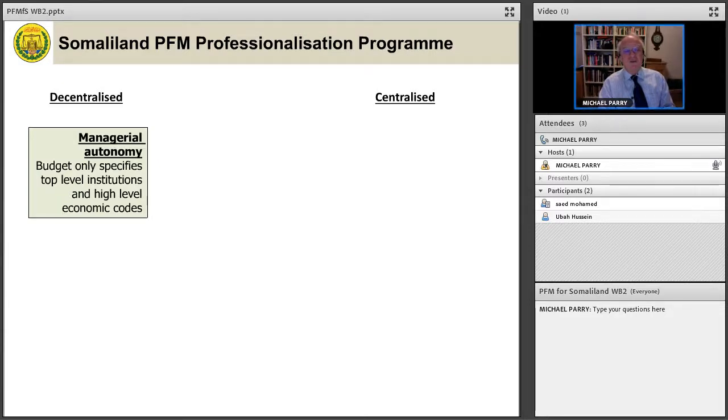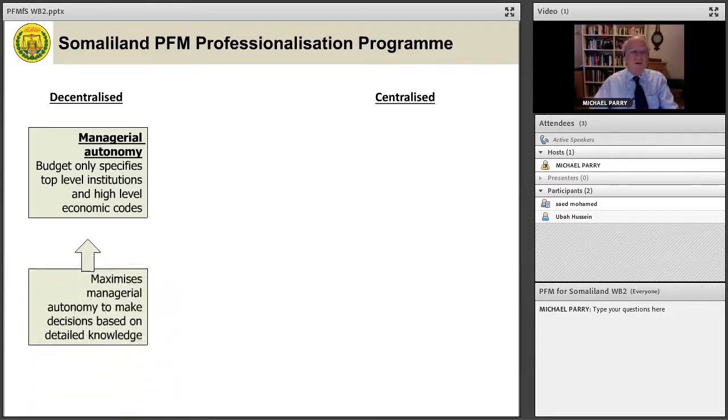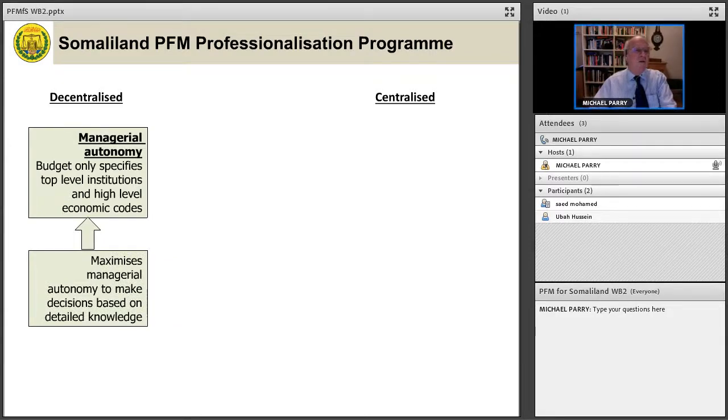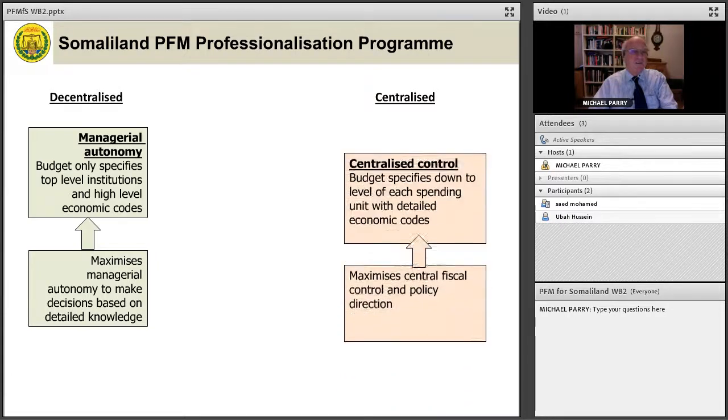It does not try to specify in any great detail how that money will be spent by a particular ministry. The great advantage of that is it says, well, the Ministry of Health knows about health. Treasury doesn't. So let the Treasury say how much money they can have, then the Ministry of Health will make the decisions based on their detailed knowledge of the health sector.